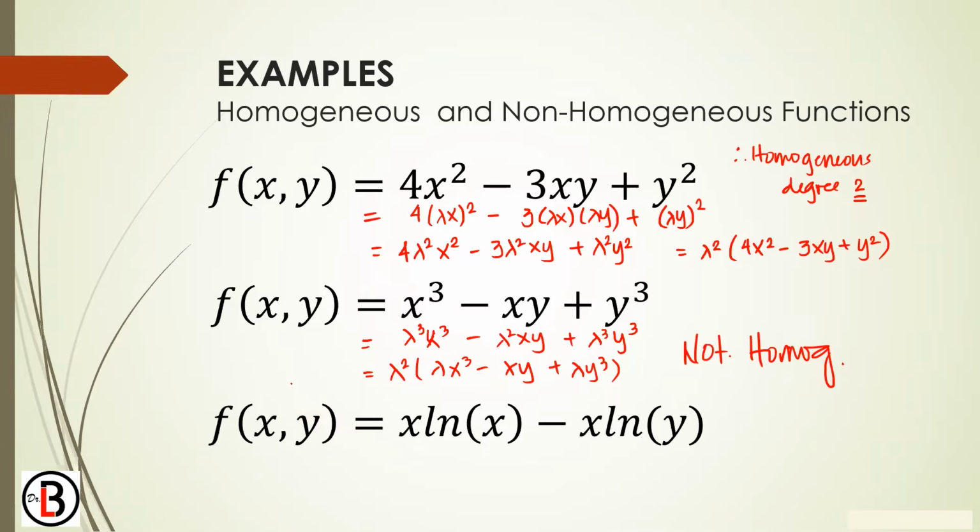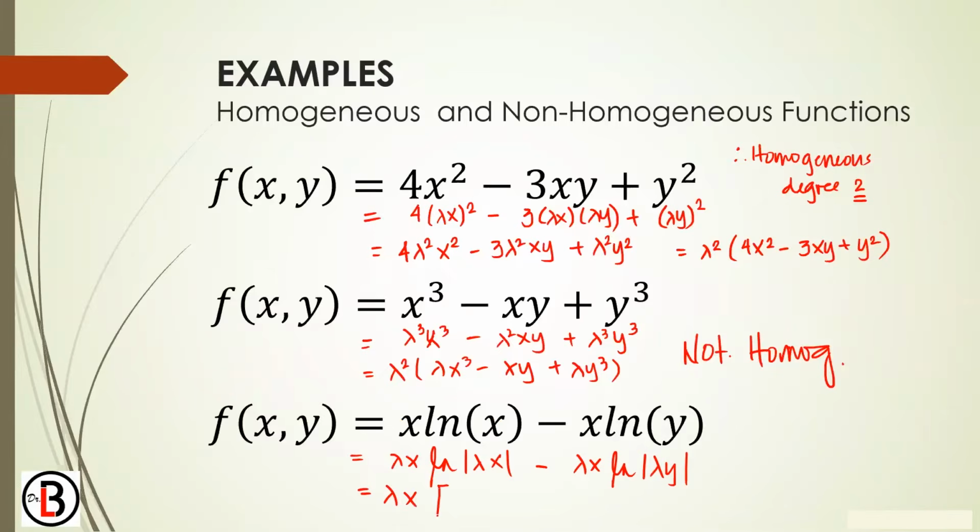What about number 3? Is it homogeneous or not? Let's try. Lambda x ln of lambda x minus lambda x ln of lambda y. The problem with the lambda, if it's in an ln, you can never bring it out. What can we factor out now?